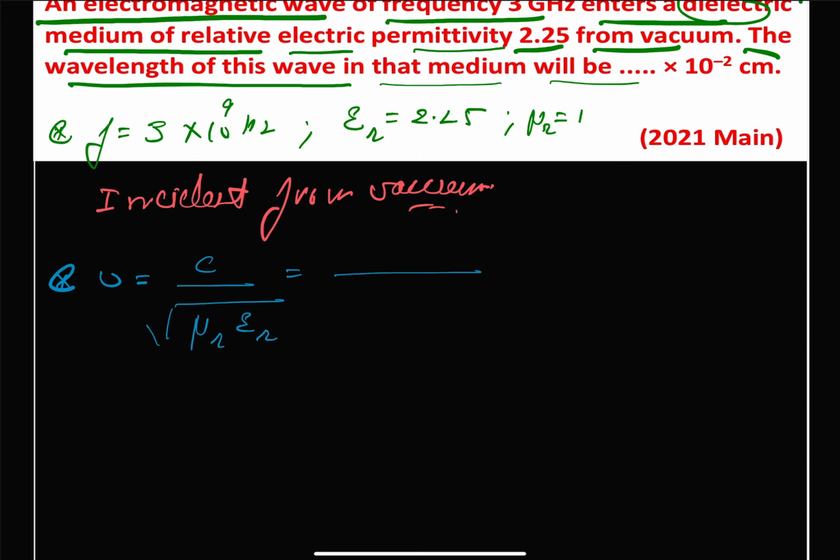So this comes as 3 into 10 to the power 8, mu r is 1 into 2.25. So this gives us velocity will be equal to 2 into 10 to the power 8 meter per second.